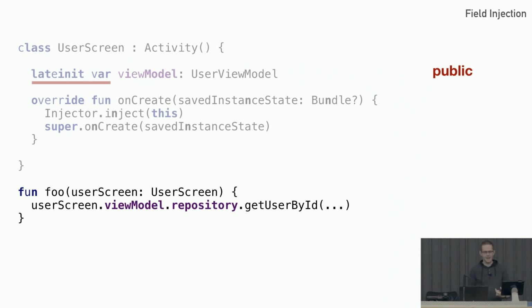And there are three problems with this, as I see it. First is that the lateinit var has to be public so that the injector can actually access it. And so in this case, this is a view model. The view model is an implementation detail of this class, right?